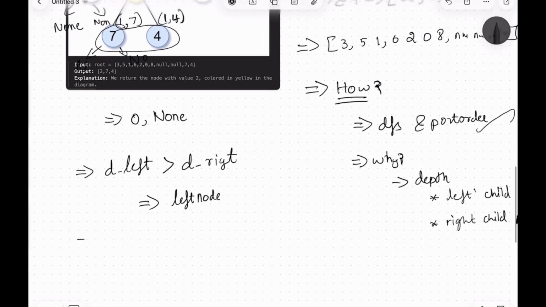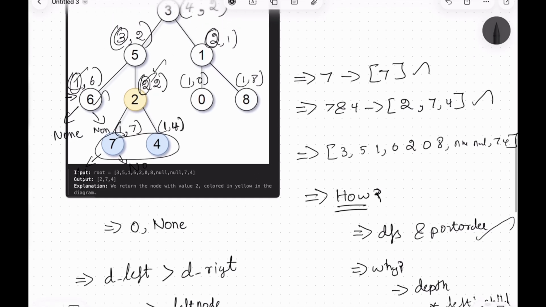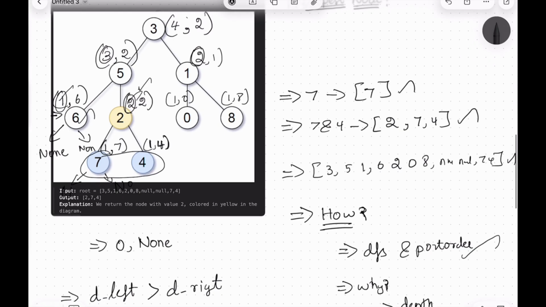Similarly, when depth right is greater than depth left, we choose the right node, right? Here you can see that the depth of right is greater than the depth of left, and hence we are choosing 2. And similarly here, the depth of left, which is 3, is greater than the depth of right, which is 2, so because of that we are choosing the left node, right?